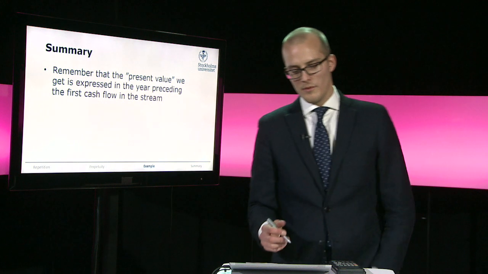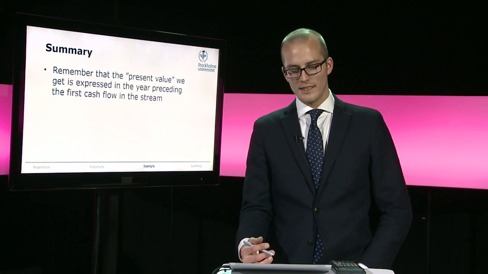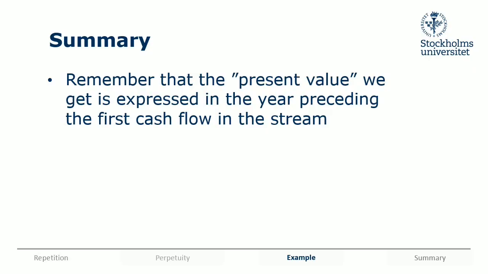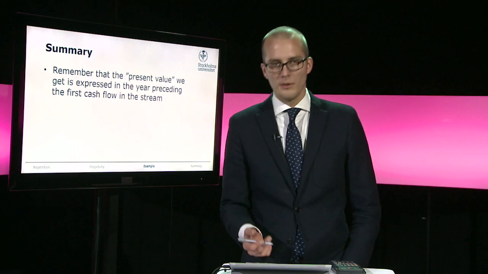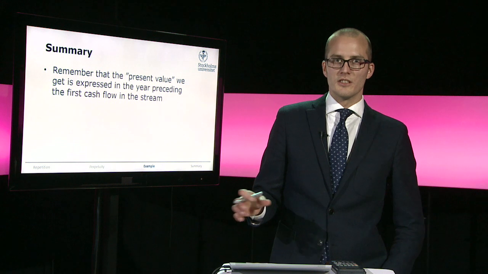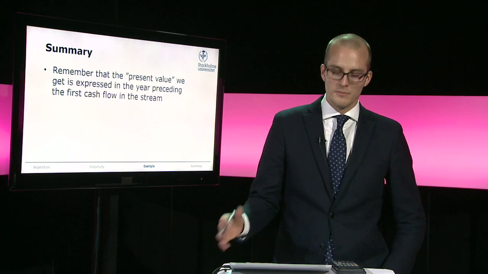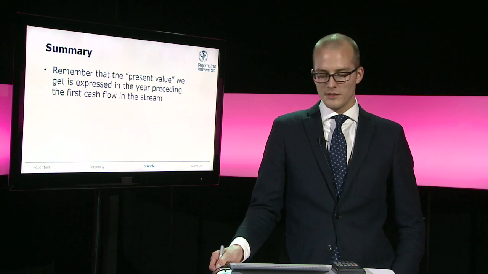And you should remember that the present value we get is expressed in the year preceding the first cash flow in the stream. So it does not need to be in present terms, so to speak. As we saw in the example, we got the value in year 2. That can, of course, be the case in other examples.